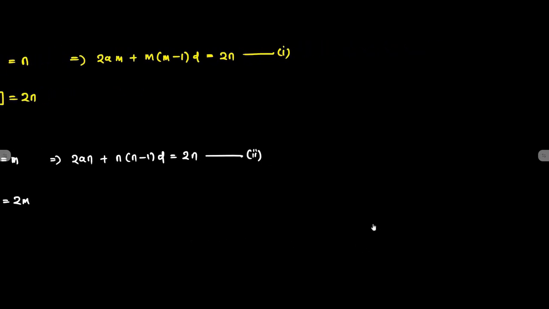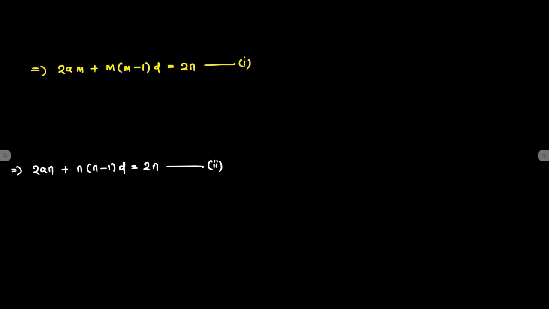Now, if we write these two equations separately, we take 2am plus m into m minus 1 into d is equal to 2n, and 2an plus n into n minus 1 into d is equal to, sorry, this is 2m, this is 2n.